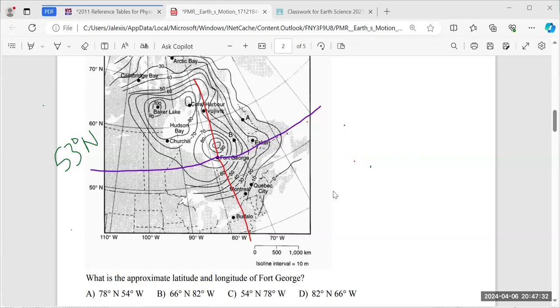Now take a look, I'm looking for the longitude, and this is exactly why we have to follow the longitude lines, right? If I scroll down just like this directly, and I know my line wasn't accurate, so I'm going to do it again. If I was to scroll down directly, you'll see that Fort George looks to be between 80 degrees and 90 degrees west.